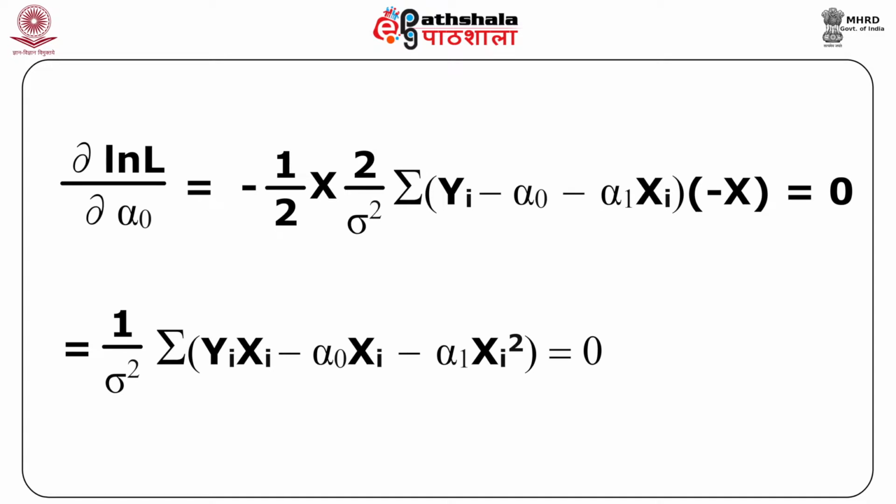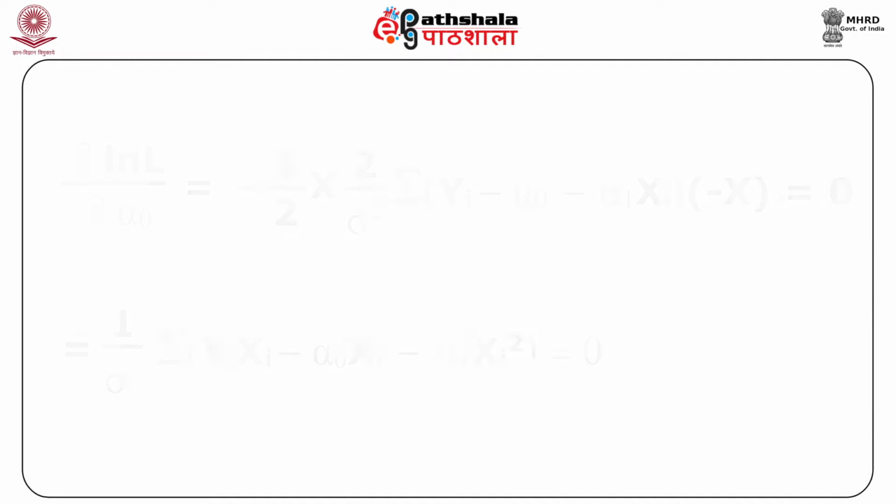Del log L divided by del alpha 1 is equal to minus half into 2 by sigma square summation (yi minus alpha naught minus alpha 1 xi) into minus xi equal to 0, which is equal to 1 upon sigma square summation (yi xi minus alpha naught xi minus alpha 1 xi square) equal to 0.